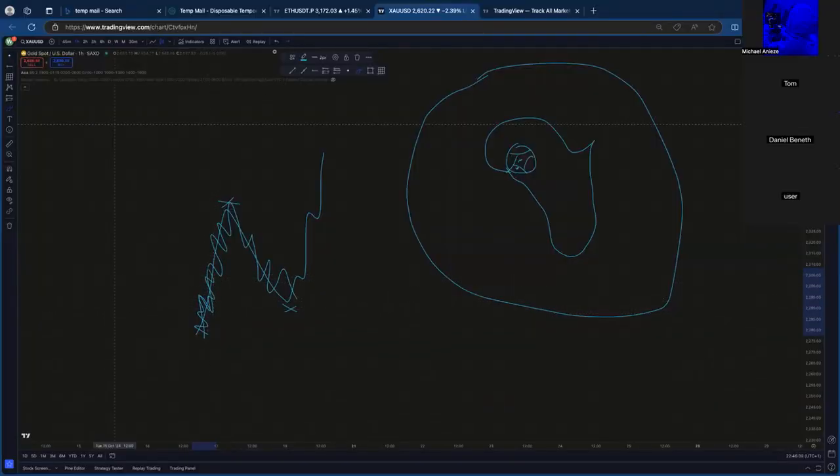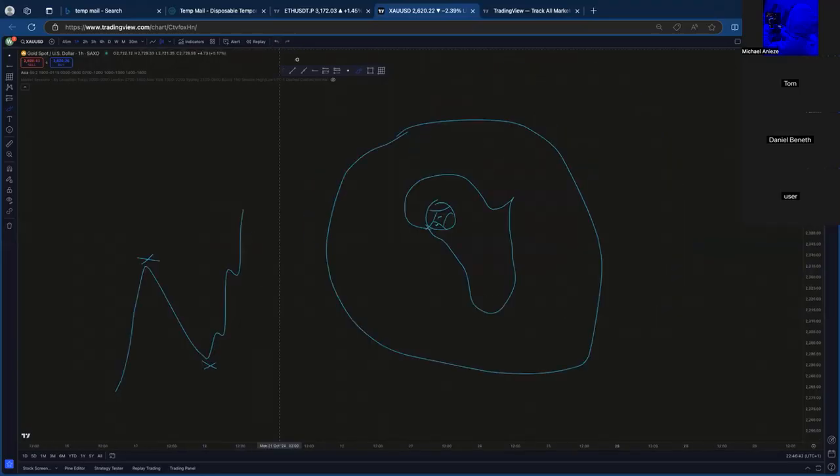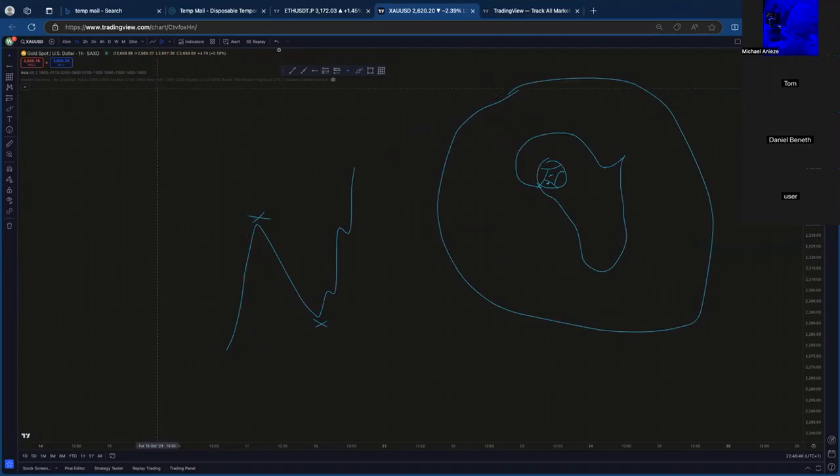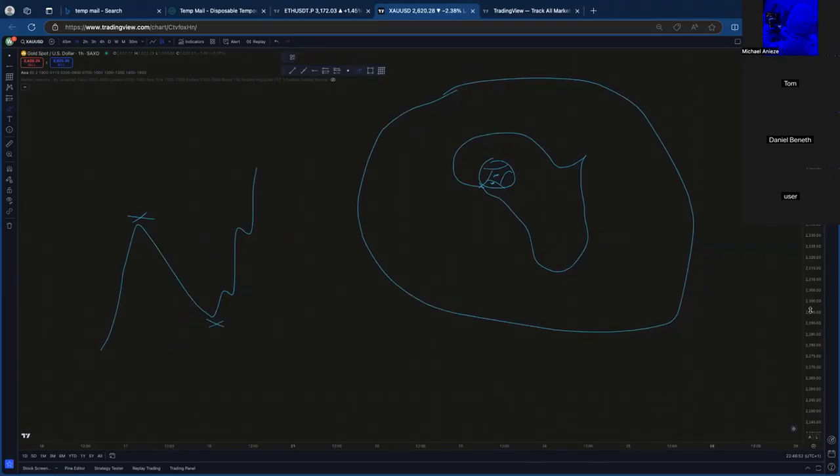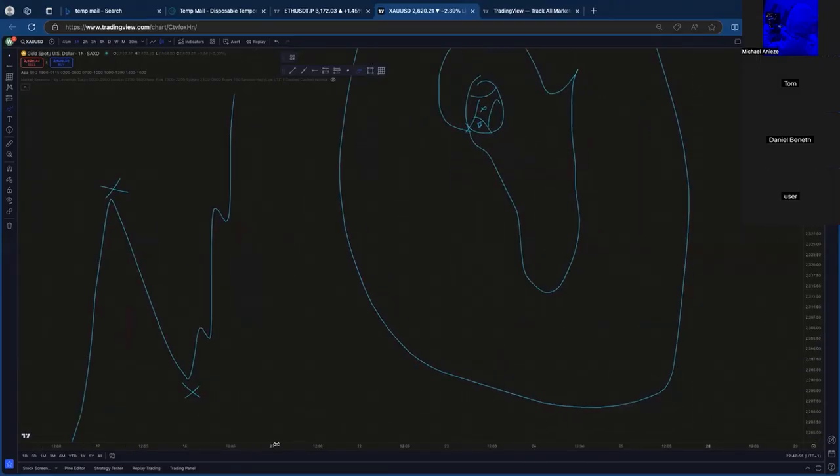I don't know if you understand this. If this is a 1 hour uptrending structure, you could actually see a little bit of 5 minutes. This is downtrending, right?